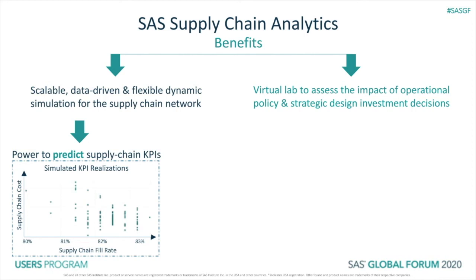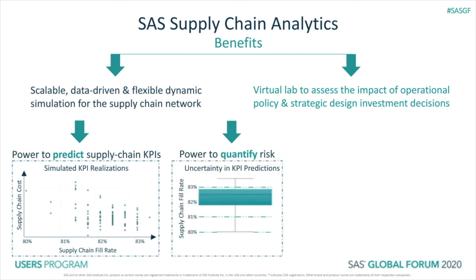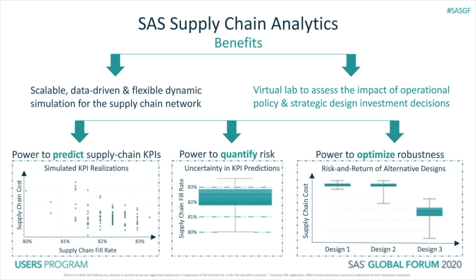And furthermore, you can quantify the risk because you will have a large data set. So you can apply all your powerful statistical tools to understand and quantify the risk. And once you can do that, you can experiment with a large number of scenarios and move towards identifying a better design for your supply chain.